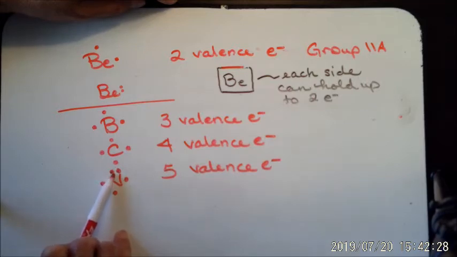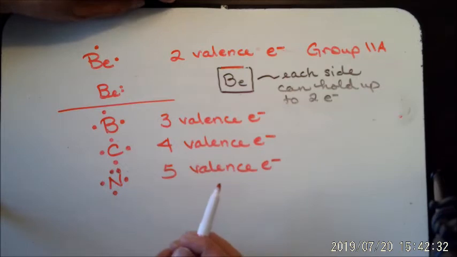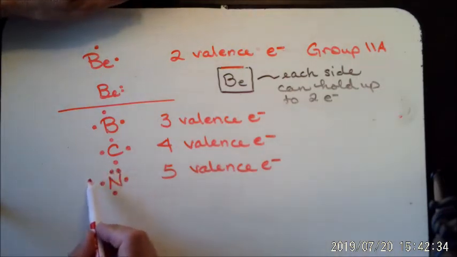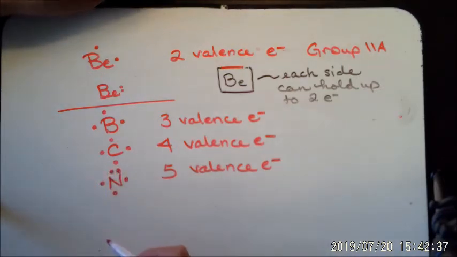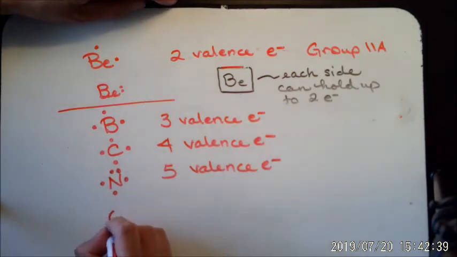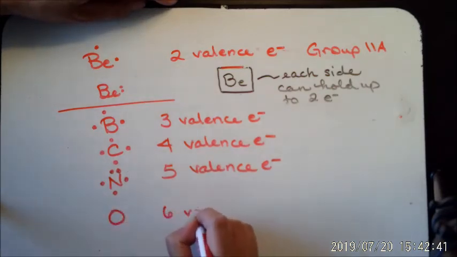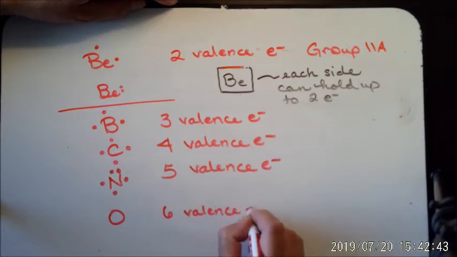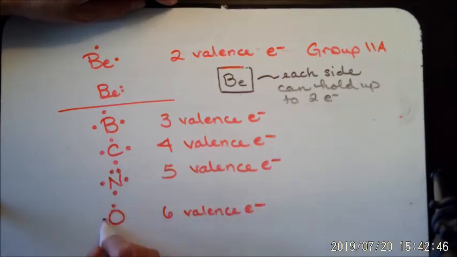When I draw the two electrons on a side up together, you could have it here, here, here, as long as I see that there are 5 dots around the nitrogen. Oxygen has 6 valence electrons. So I go 1, 2, 3, 4, 5, 6. And again, you'll see us drawing these pairs in different locations, but they need to be on one of those sides around the oxygen atom.